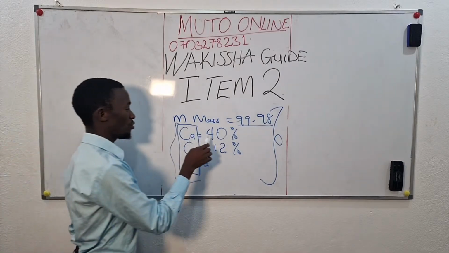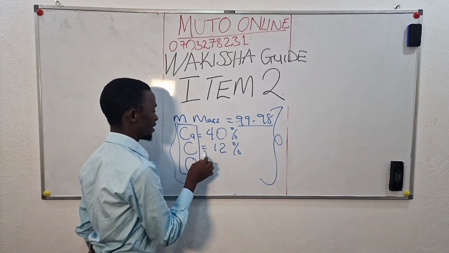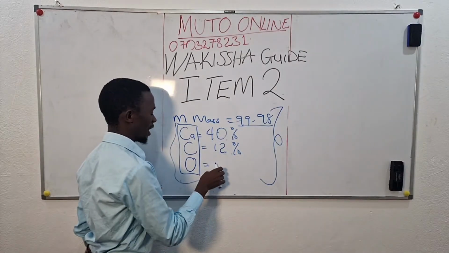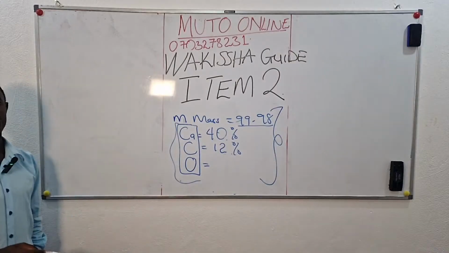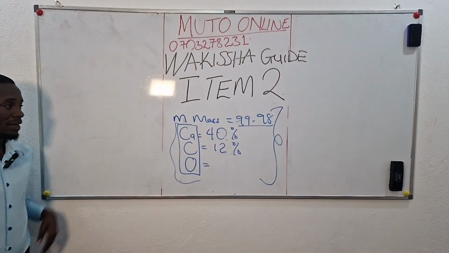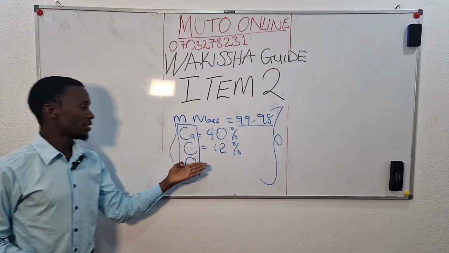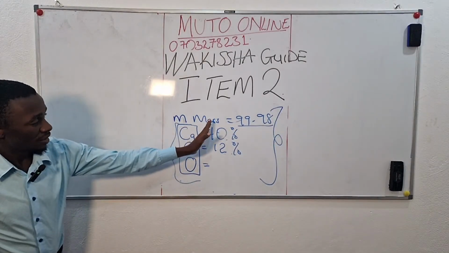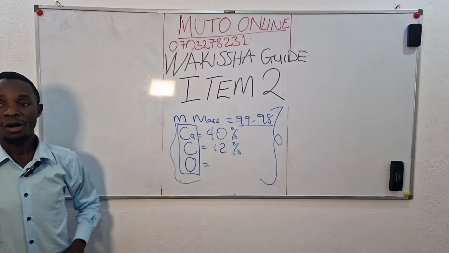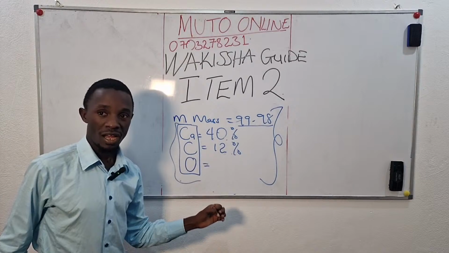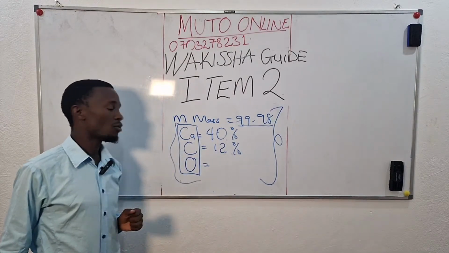Calcium is 40%, carbon is 12%, and the rest being oxygen. Members, in short, for part A they are asking us to determine the molecular formula for this compound. And we cannot know the molecular formula without knowing the empirical formula of it.